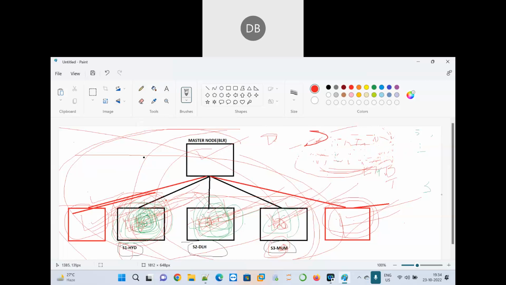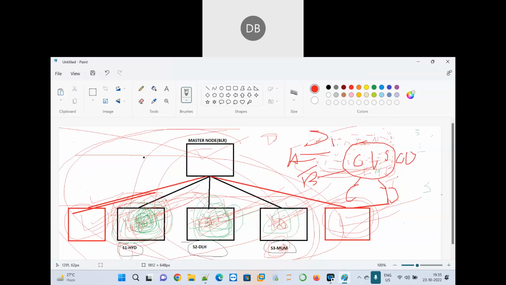Yeah. Suppose you are working in a project, let's say for Cisco. Okay. And suppose A is a team member, B is also a part of this team, C is a part of this team, and D is a part of this team. Okay. So what happened?